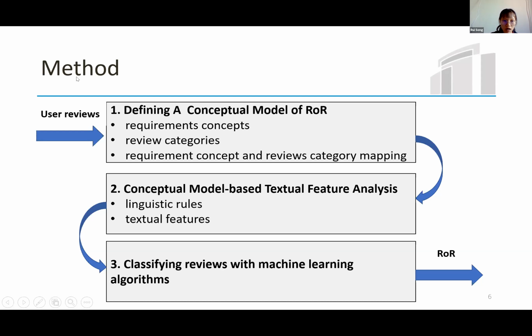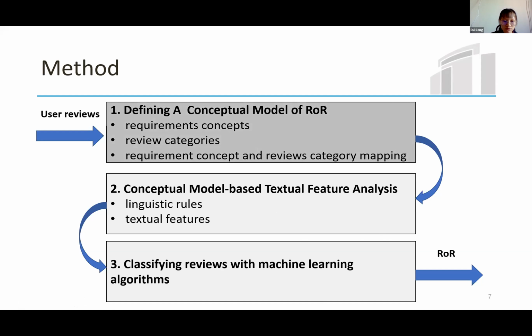And based on the concept model, we systematically derive a set of linguistic rules to explore text features of RORs. Finally, we classify reviews with machine learning algorithms according to the text features.